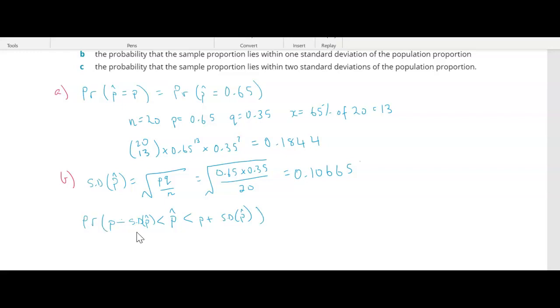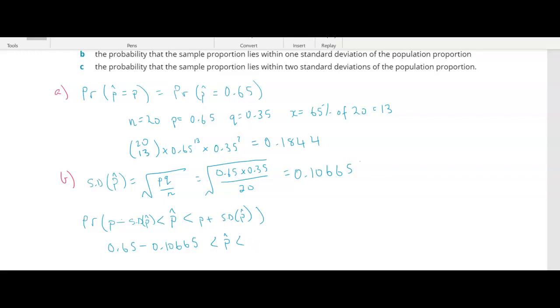All right, so just put the values in. So P is 0.65 minus 1 standard deviation.